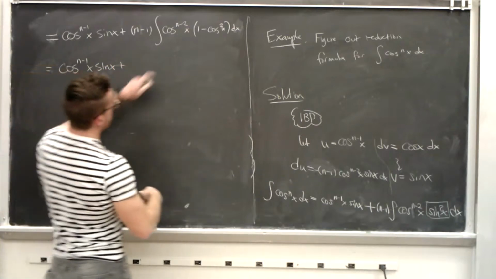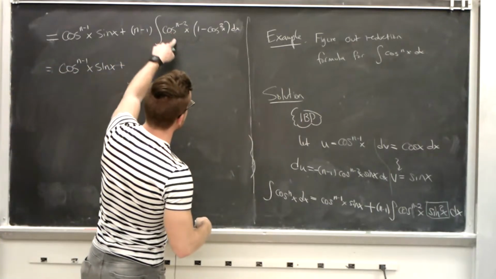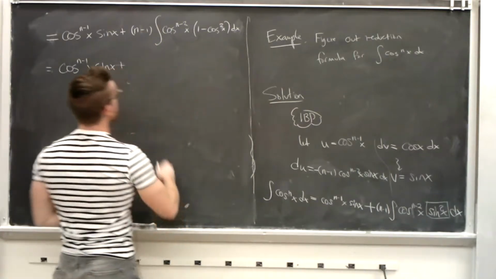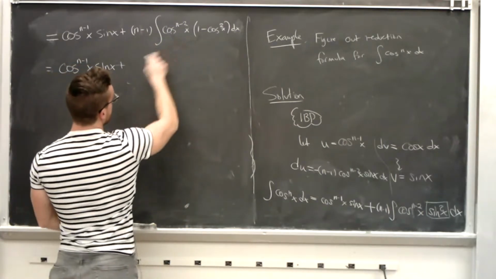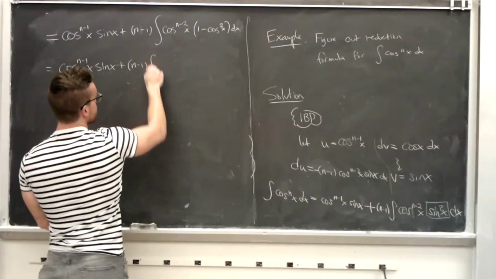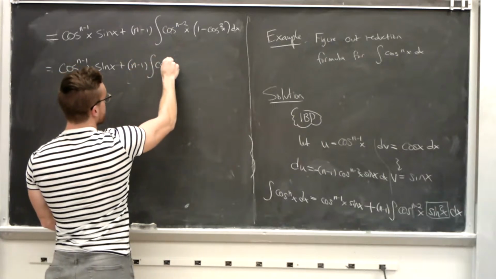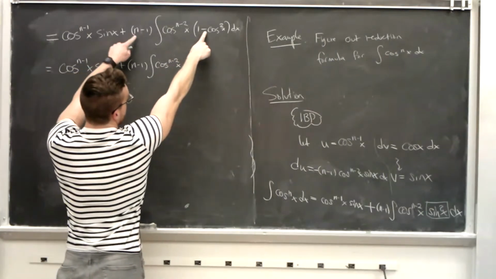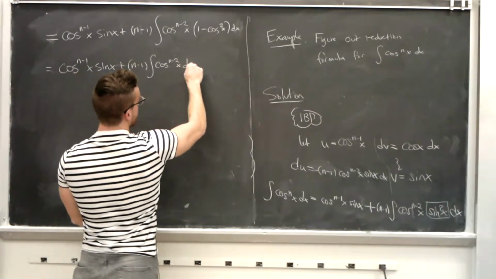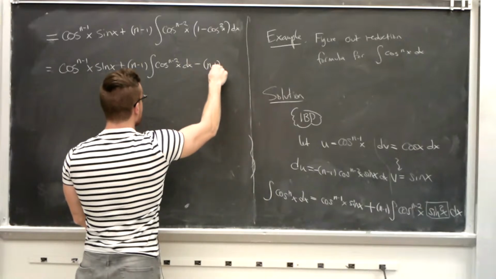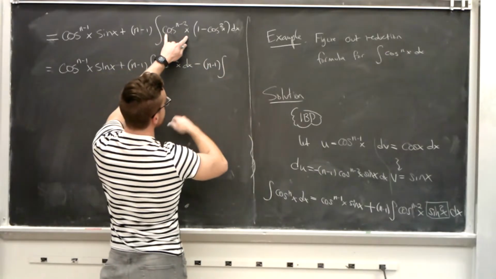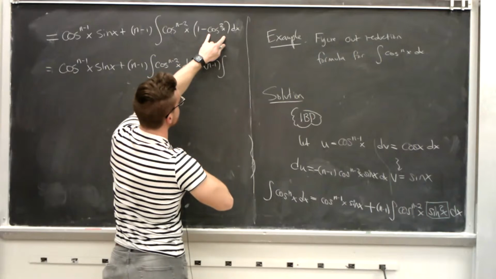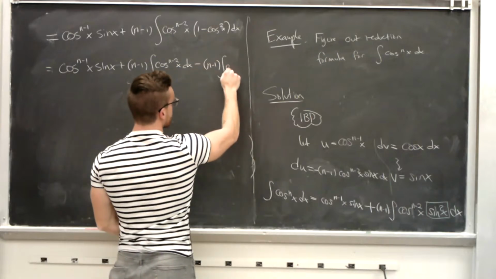Then I'll distribute this stuff onto each term. And here I would get n minus 1 times the integral of cosine to the n minus 2, minus n minus 1 times the integral of cosine to the n minus 2 times cosine squared, which is cosine to the n.